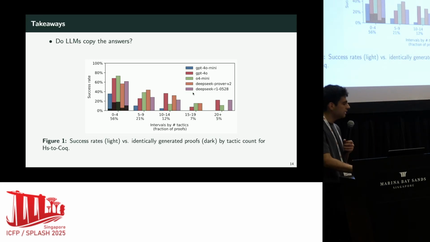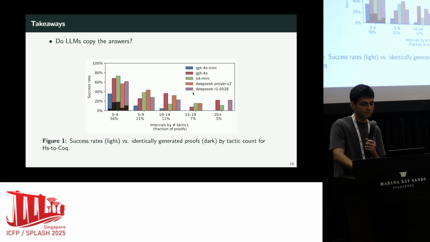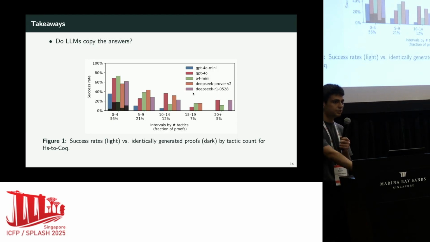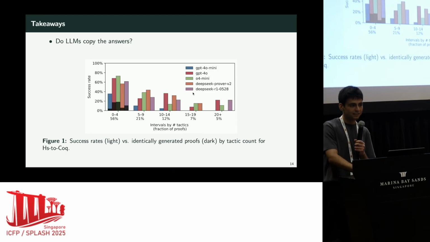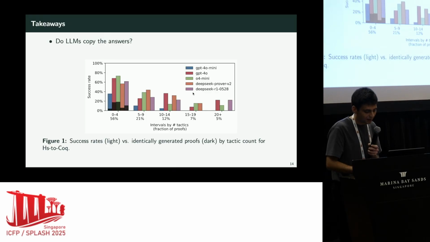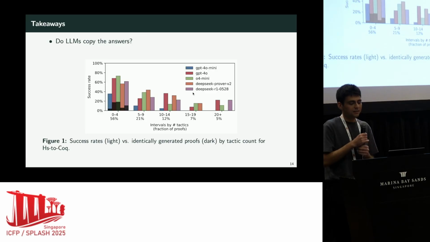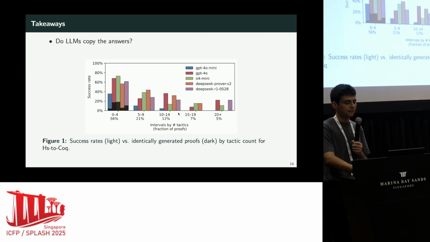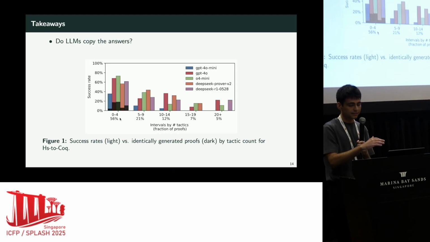And another question we had was, do LLMs really copy the answers? As in, do they really generate the exact same proof that was present in the repository, where we just do an equality check, string equals equals. Here in this graph, you can see the exact same proofs highlighted in dark, and then the original success rates in lighter colors.